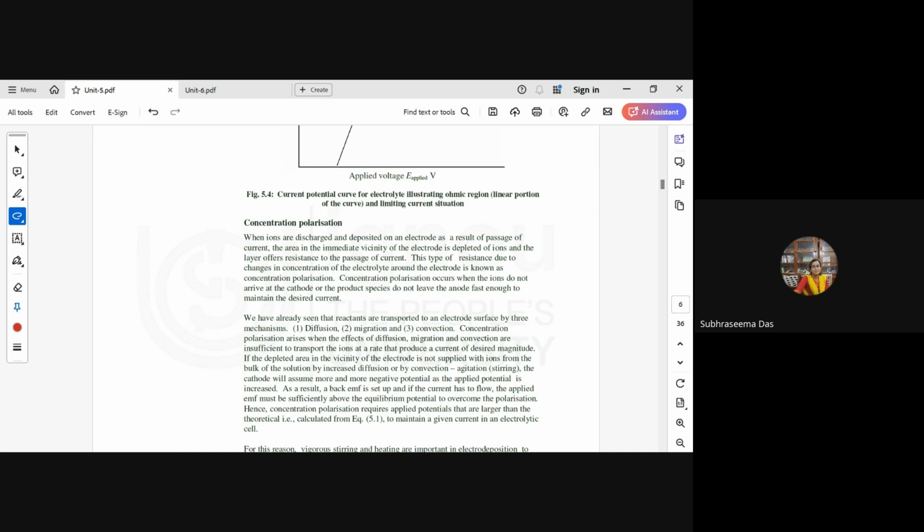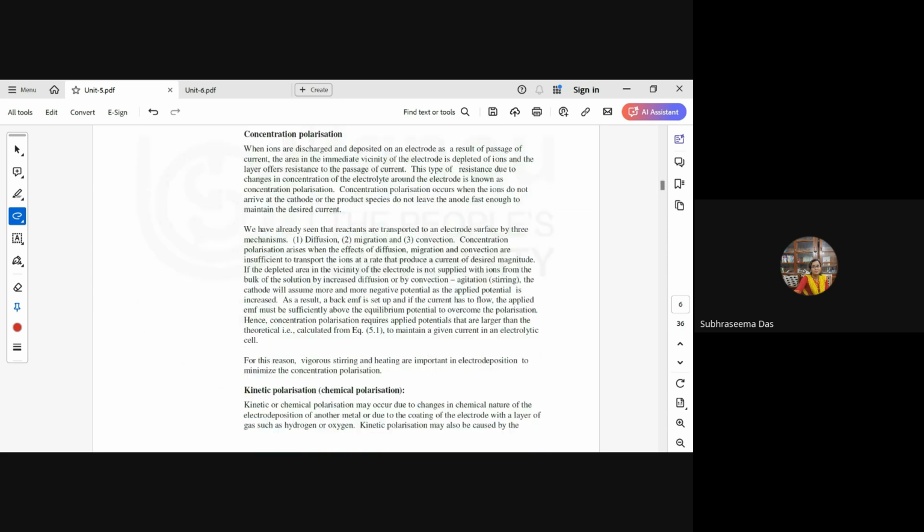This type of resistance offered by the electrode due to changes in the concentration of the electrolyte is known as concentration polarization. It occurs when ions do not arrive at the cathode, or the products do not leave the anode, fast enough to maintain the desired current. We already know that reactants are transported to an electrode by three mechanisms: diffusion, migration, and convection.